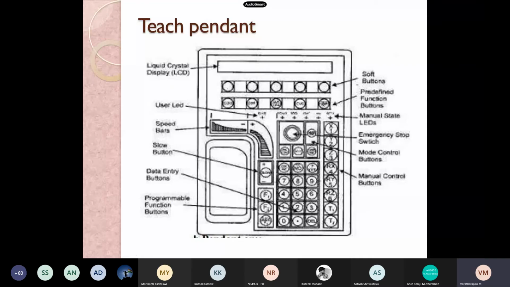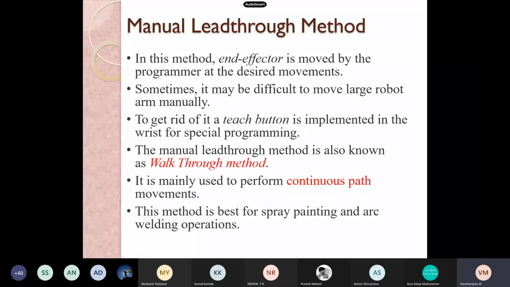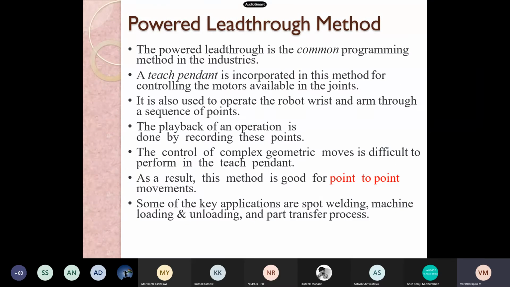A variety of machines have a variety of teach pendants, and there are no uniform keys in all teach pendants. Based on the companies, the teach pendants vary, and using the teach pendant we move to the desired place or point which is required for further operation.